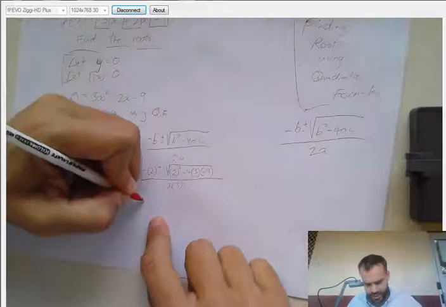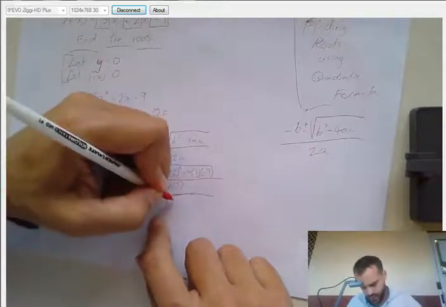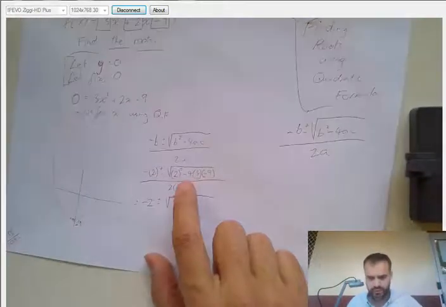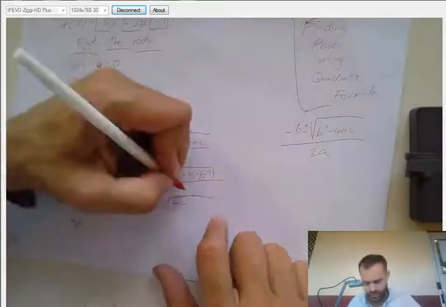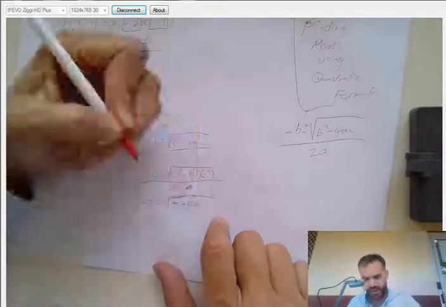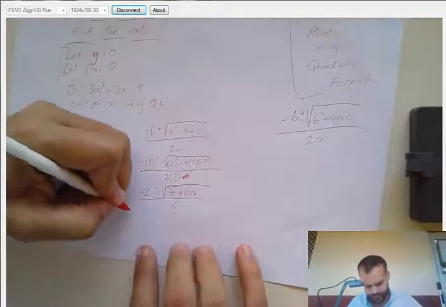So let's run through this. Negative 2 plus or minus the square root of 4 minus 4 times 3 times minus 9. That's going to give me a positive number, plus 108 all over 6.